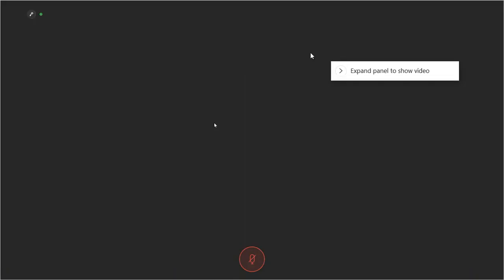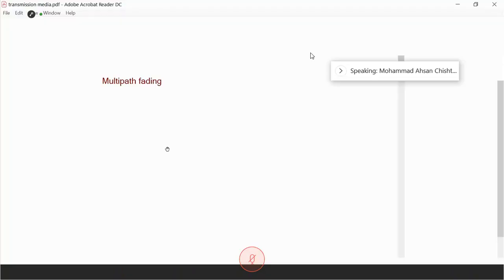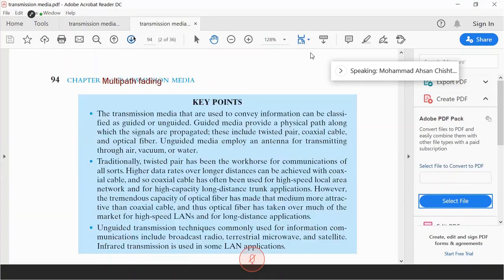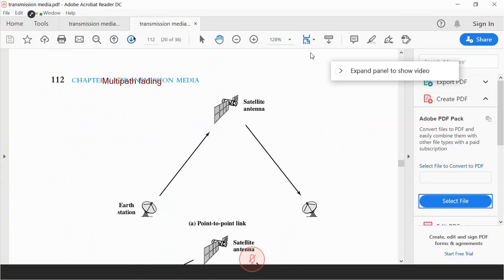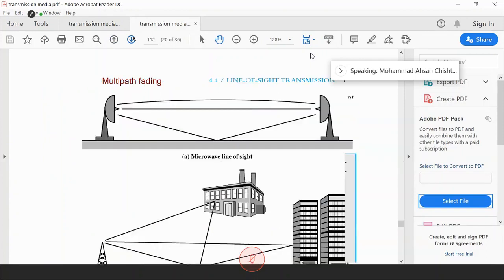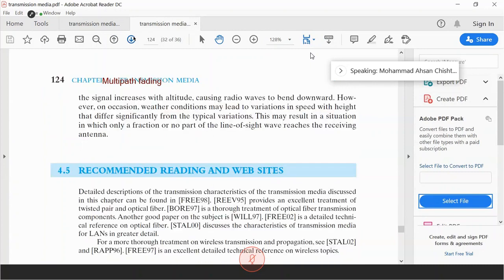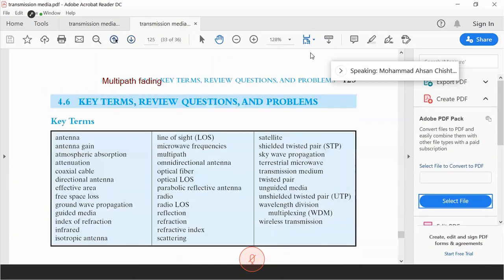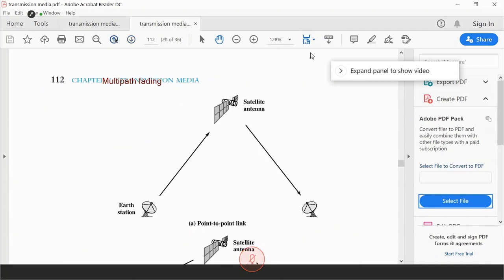Let me see if I have this slide for transmission impairments. Also, I will send this file of transmission media that might be a bit helpful. I'll share this in the Google Classroom. Okay.